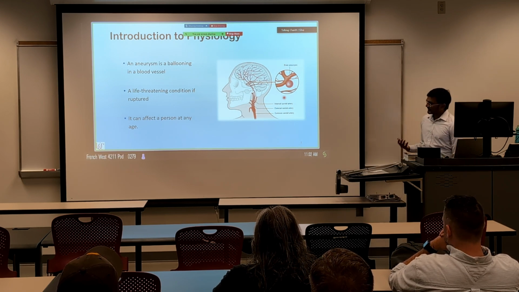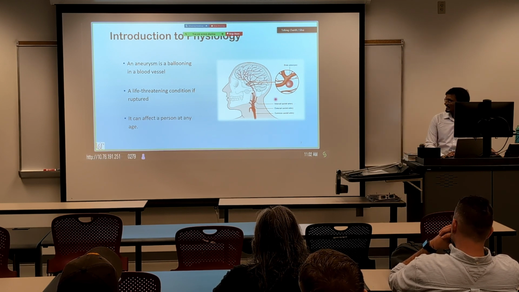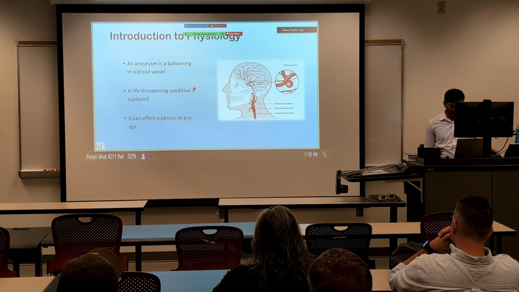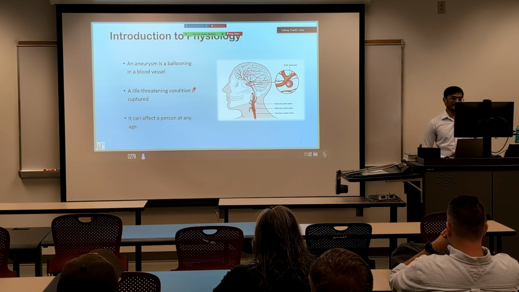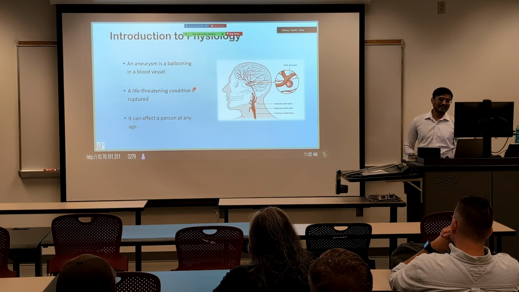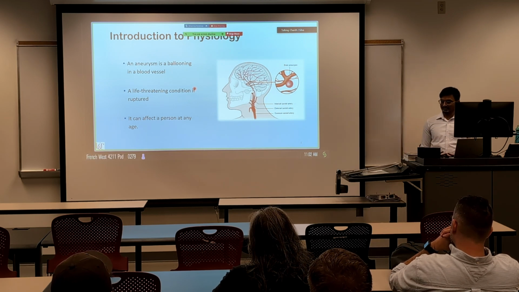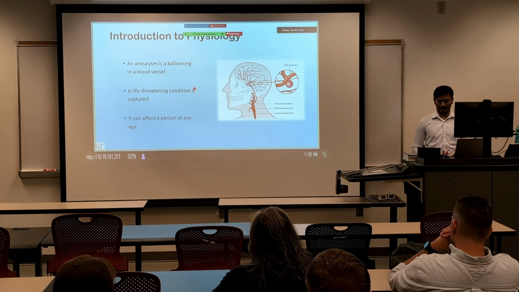Now, the big concern about aneurysms is this second bullet point: it is life-threatening if it gets ruptured. So, let's say a patient gets diagnosed with an aneurysm, then the next big decision they have to make is whether to undergo treatment or not.